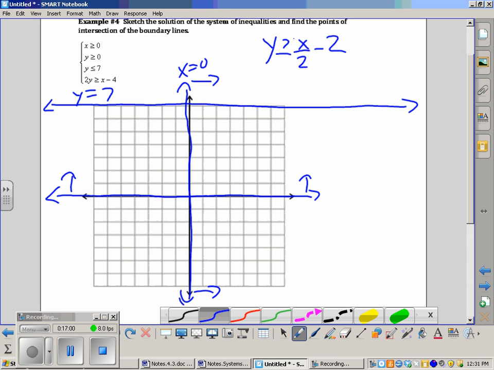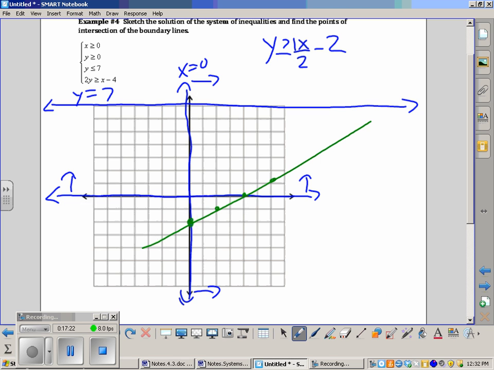So 1/2 x minus 2. So -2 is our y-intercept. The slope is up 1 over 2. Okay, is this a dotted? Okay, they're all solid. So now we have all the shading except for the green line.